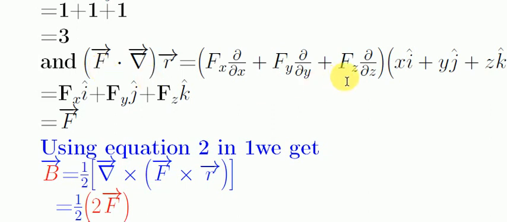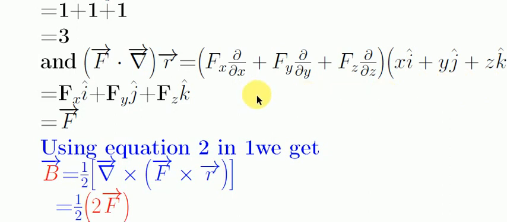F dot del operator equals Fx del/del x plus Fy del/del y plus Fz del/del z, times r, that is x i cap plus y j cap plus z k cap.